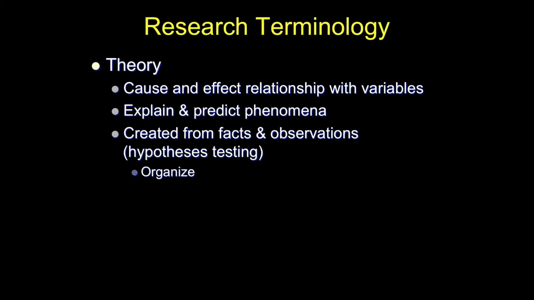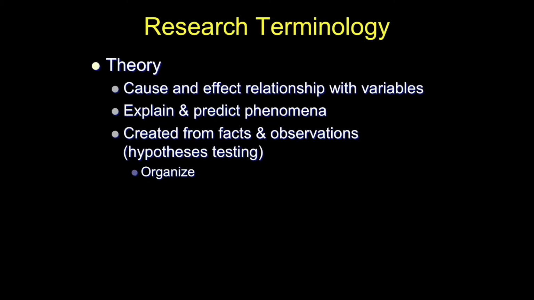Another term that's important is theory. A theory is a much larger, overarching relationship that tries to explain the cause and effect among variables. You help to explain and predict phenomena. And usually this comes about from many hundreds of studies that look at small pieces of the puzzle and puts it together as this larger theory.